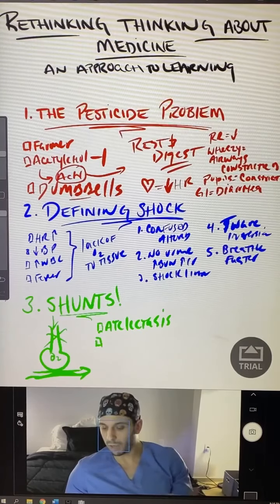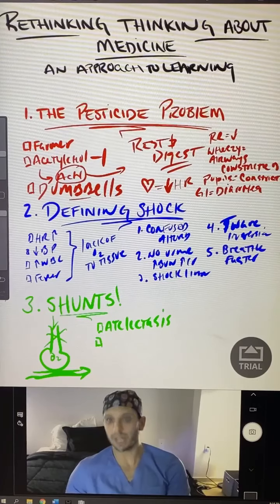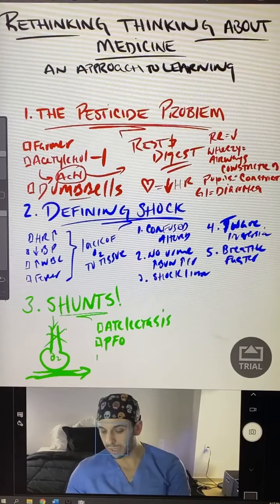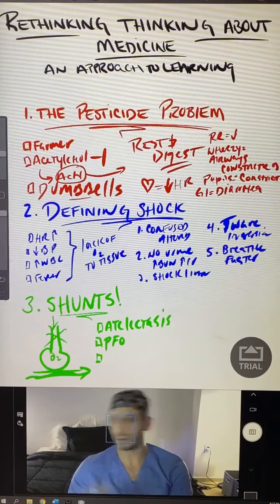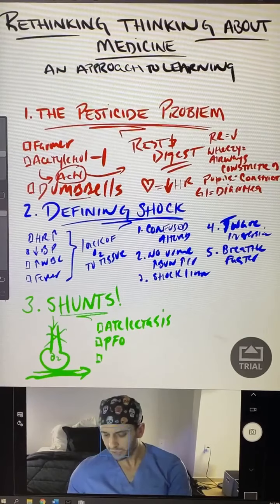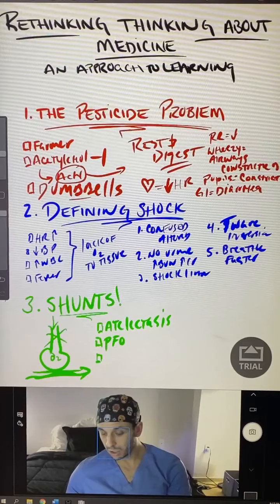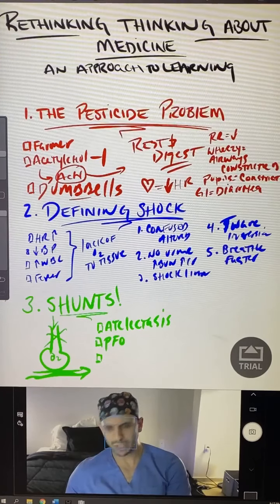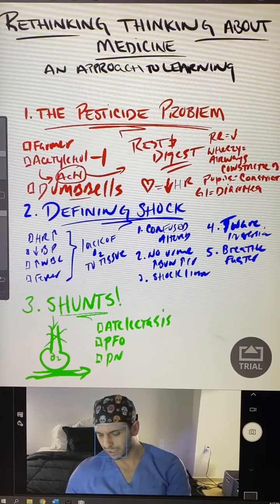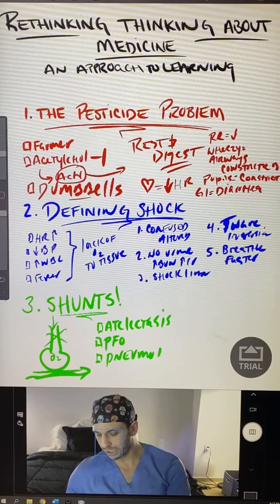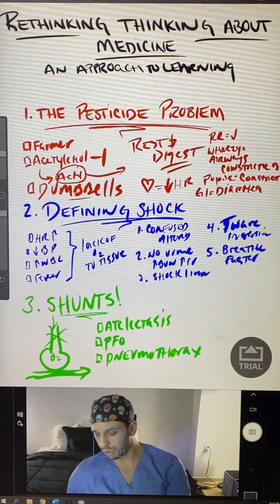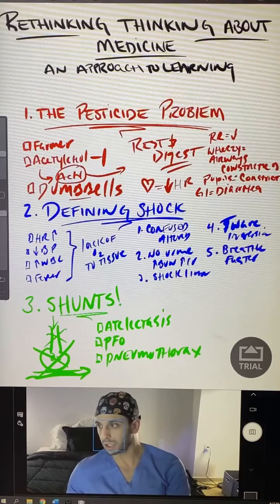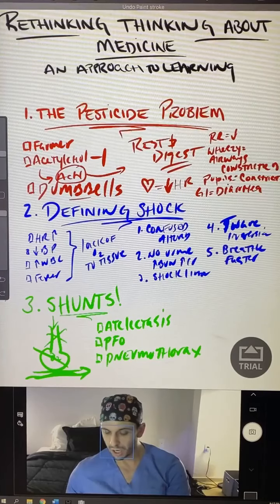And so all I'm asking is, what's going to cause that? Atelectasis causes it. We just mentioned one. PFOs, or Eisenmenger's syndrome, where we go from right to left with our VSDs. What else? How about one that people never seem to bring up, pneumothorax? A pneumothorax is a giant shunt because it causes collapse of the alveoli, and now there's blood going through parts of the lung that are not getting ventilation.